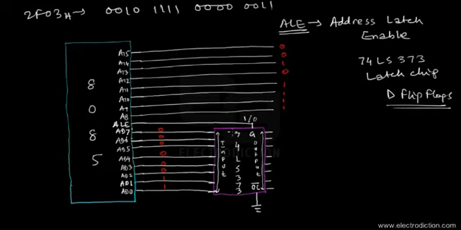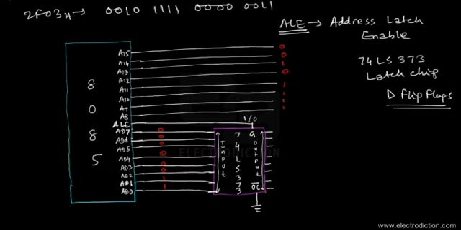Till the moment this latch is enabled, the data available on the lower order address bus doesn't appear at the output of the latch chip.